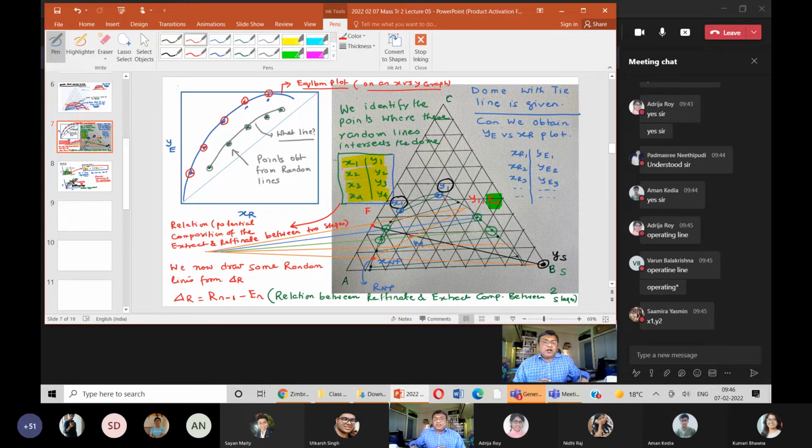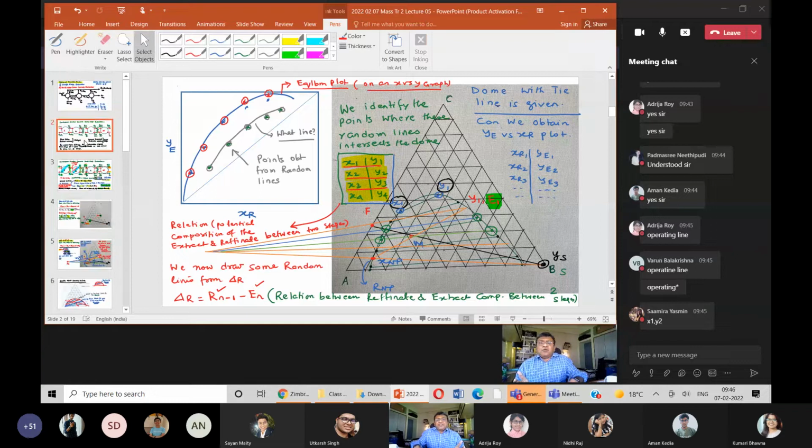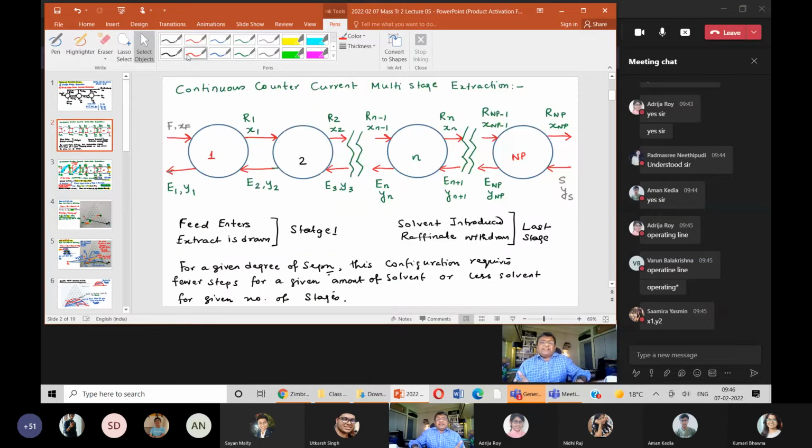So all these x1 versus y1, x1, y1, x2, y2, x3, y3, x4, y4 are of the form Rn minus 1 minus En, right? So they are of the form xn minus 1 and yn. What is xn minus 1 and yn? It can be like y3 and x2. So y3 and x2 are here. Rn minus 1 and En, y3 and x2, x1 and y2.